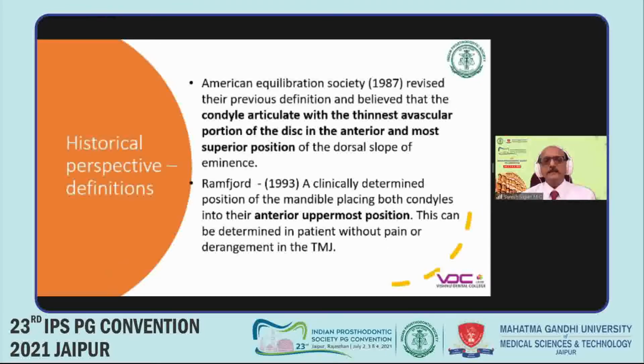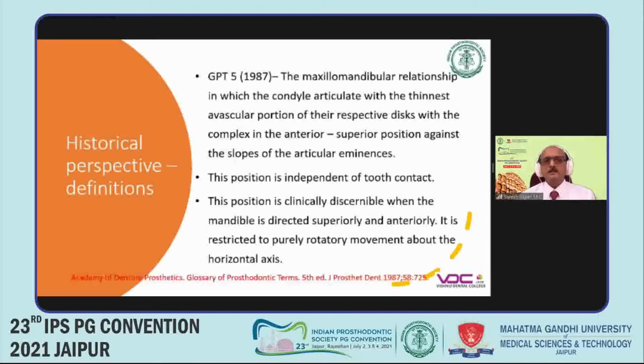Then after 10 years, the American Equilibration Society again came up with a new understanding. They redefined it as the condyle. Now the articular disc was also taken into consideration, and they said it is articulating with the thinnest avascular portion of the disc in the anterior and most superior position. And Ramfjord then said it's an anterior uppermost position.